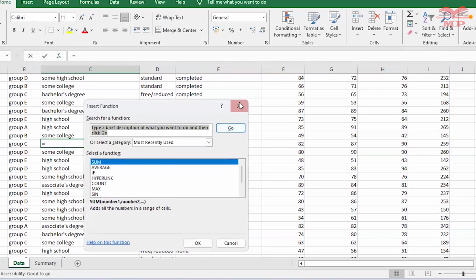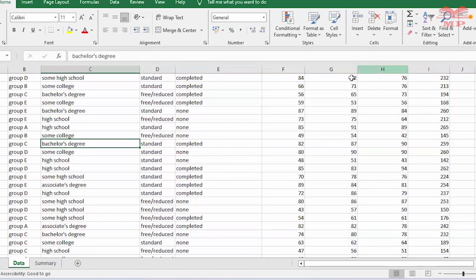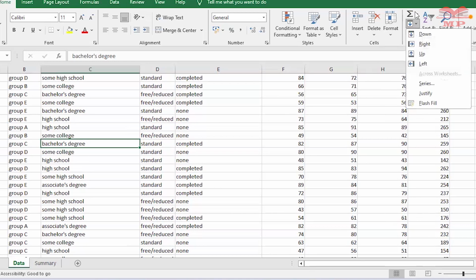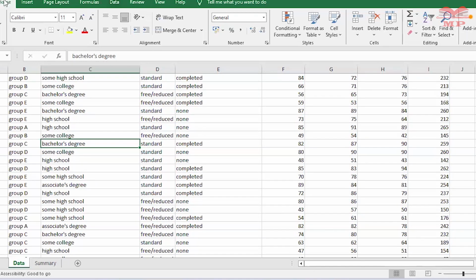Functions. There's an option for subtotals.